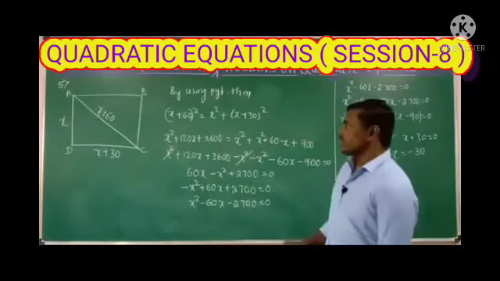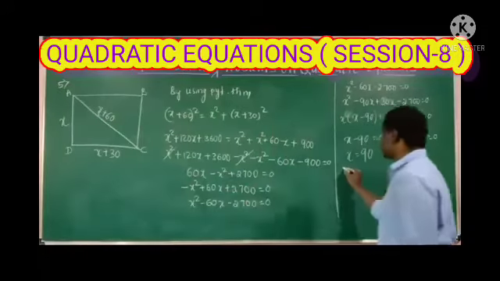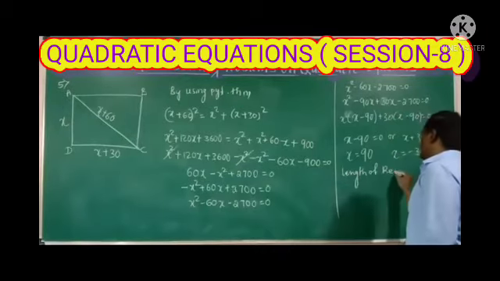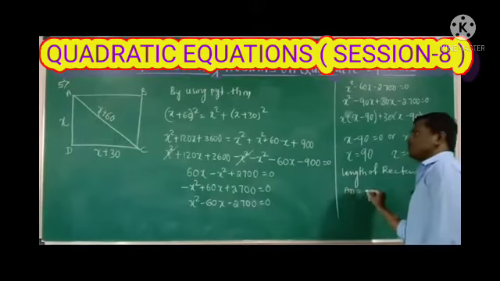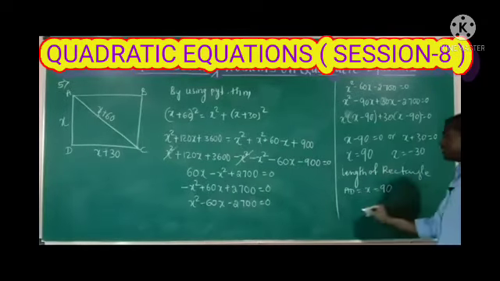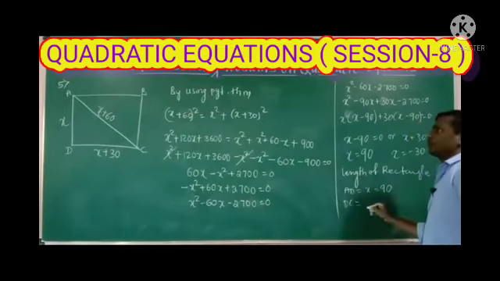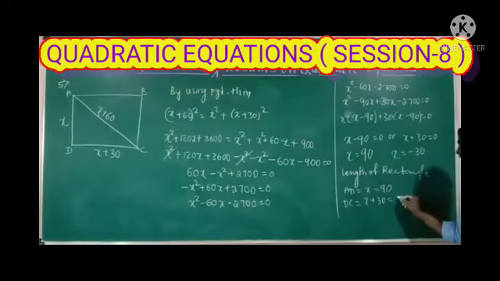90 is the x value. Then the shortest side AD, the length of the rectangle, is x, which is equal to 90 centimeters. The second one, DC or AB, is equal to x plus 30, that is 90 plus 30, which is equal to 120 centimeters.